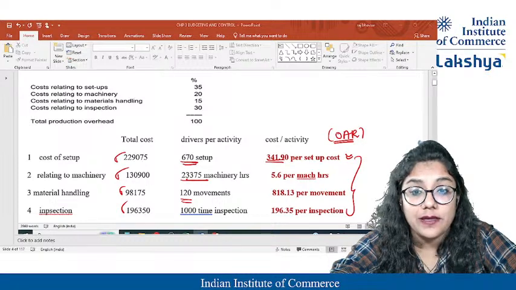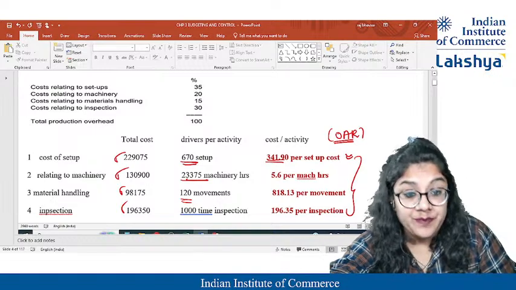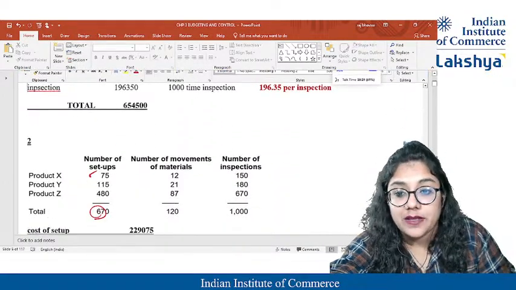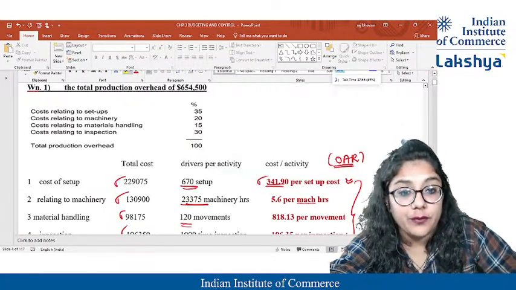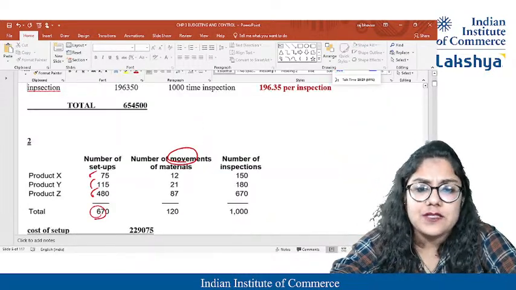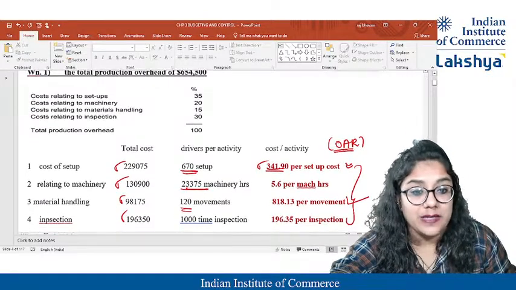Similarly, if I calculate that way, every rate needs to be multiplied with its number. For material movement, I have to multiply 12 with the material handling rate of 818 every time for different products, and so on. The inspection of 150, 180 and so on with the rate of 196.